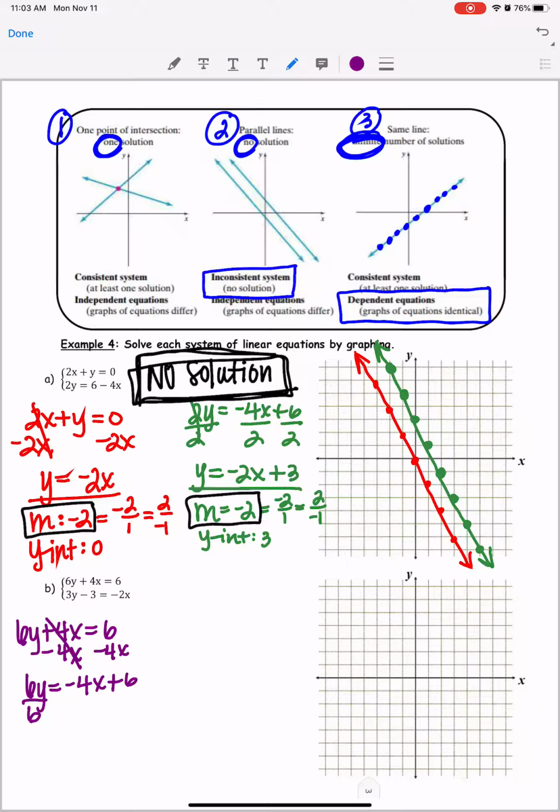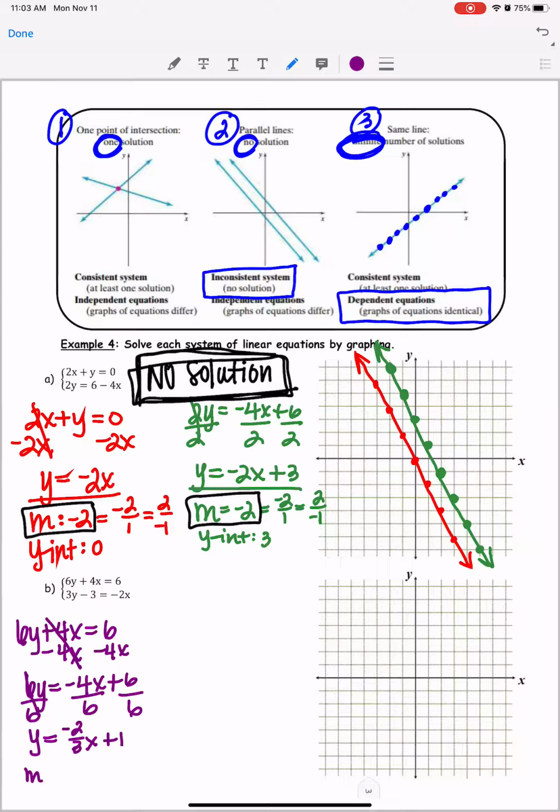Divide everything by 6. So I've got y equals, this is going to be a fraction. I can simplify. I can divide them both by 2. That's going to be negative 2 over 3x. 6 divided by 6 is 1.